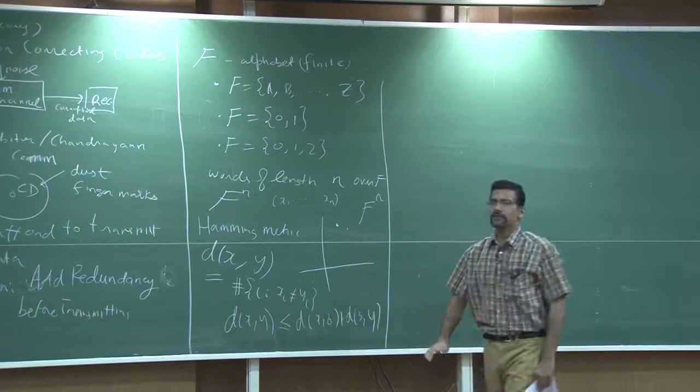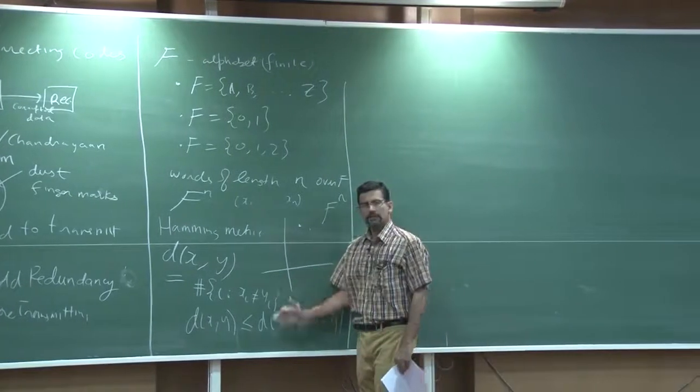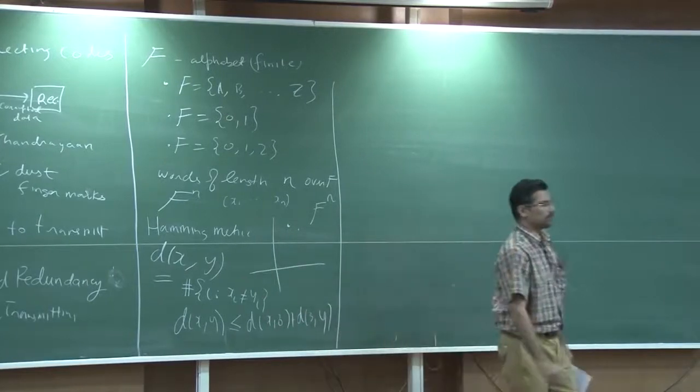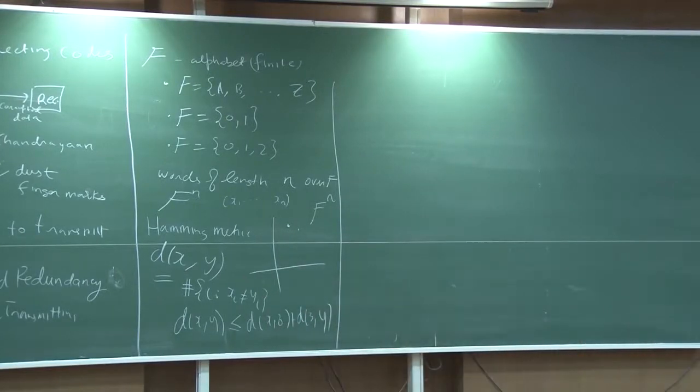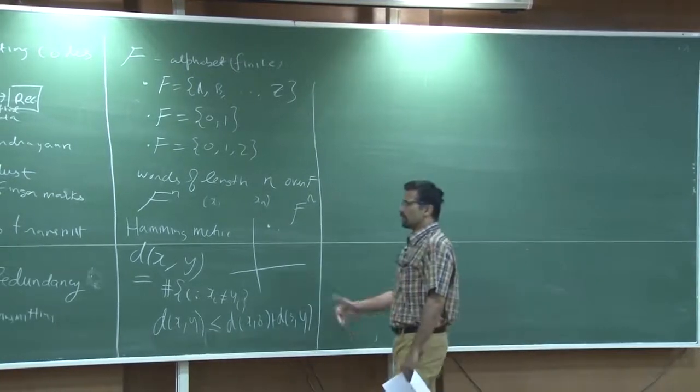One can check that this metric that we have defined does indeed satisfy the triangle inequality. So it's an honest metric. This is the most common metric that we use in information theory.